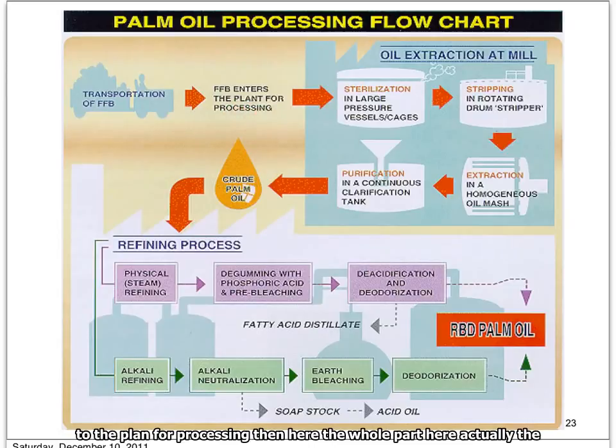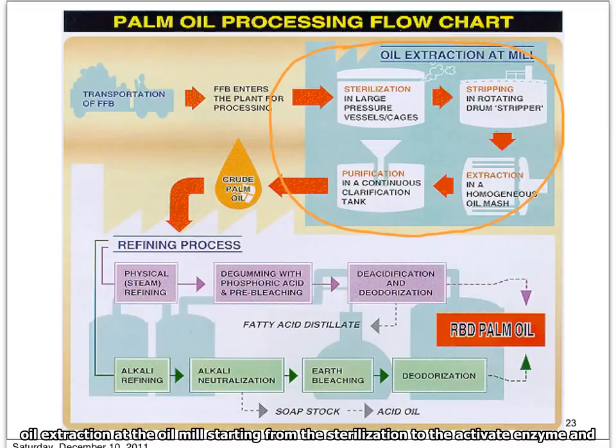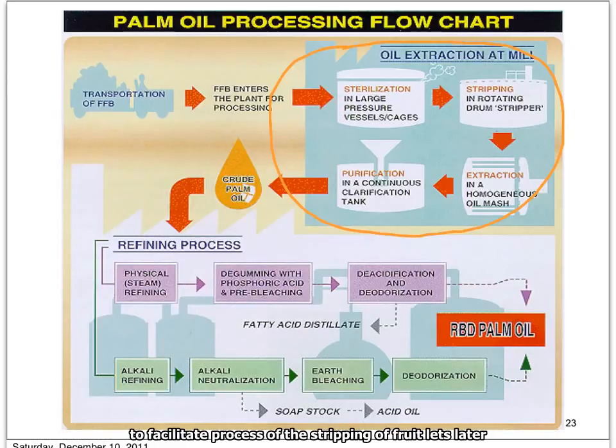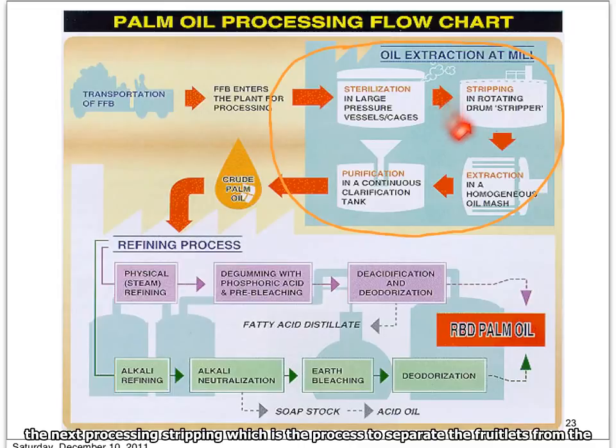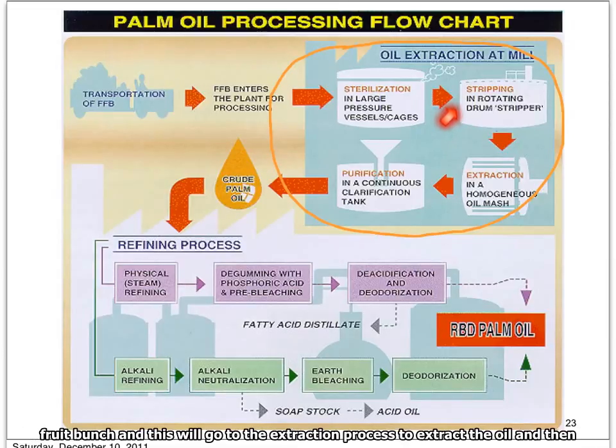Then the whole part here is actually the oil extraction at the oil mill, starting from the sterilization to deactivate the enzyme and to facilitate the process of the stripping of fruitlets later. Then the next process is stripping, which is the process to separate the fruitlets from the fruit bunch.